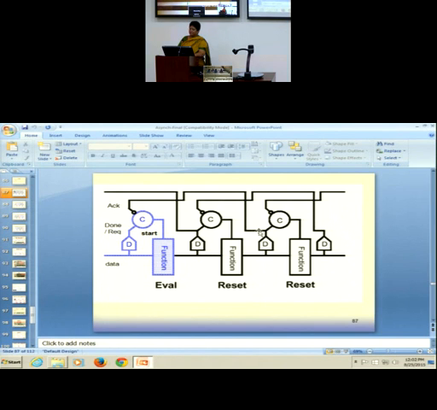The completion signal or the done signal serves a dual purpose. It goes as a request to the next block and goes as acknowledgement to the previous block. So acknowledgement to acknowledgement, from here to here. And to do this, it has to move through this path: Muller C element, function block, and the done block.